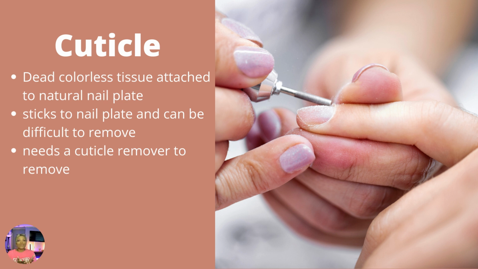There's a difference between cuticle remover and cuticle softener. The terminology already tells you: cuticle softener, cuticle remover. So you want to put the cuticle remover on there to help remove the dead cuticle that's attached.